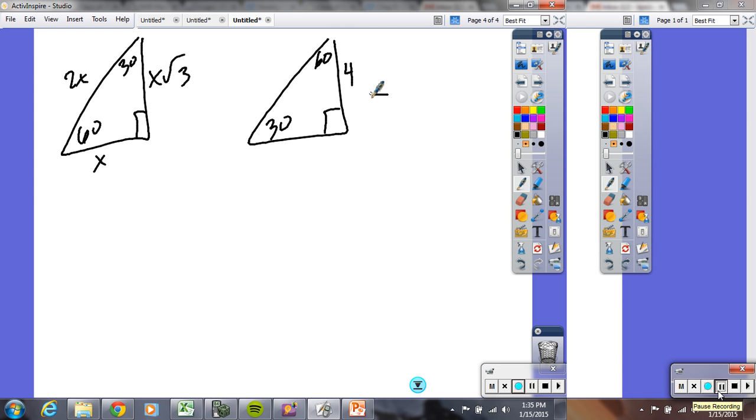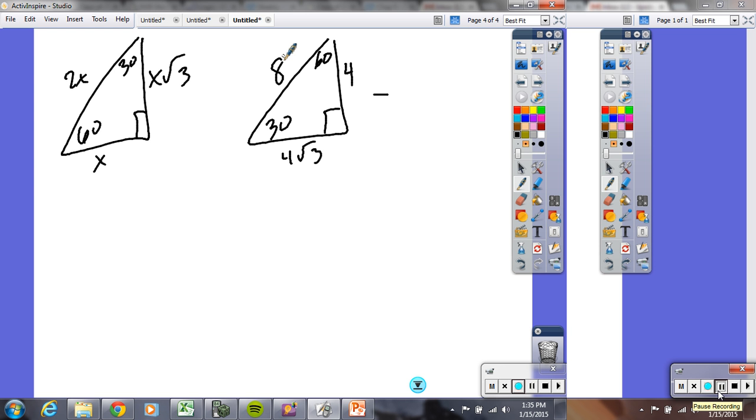So this is actually the easiest style we could have, because this is then just 4 root 3 and this is, because x is 4, because that's the side opposite of 30. You with me on that? So therefore I can just say, oh, because x is 4, that's 4 root 3, and that is 2 times 4, which is 8. You with me?